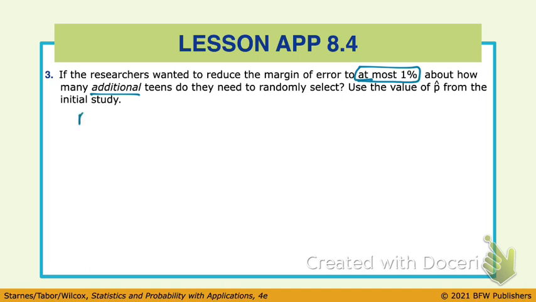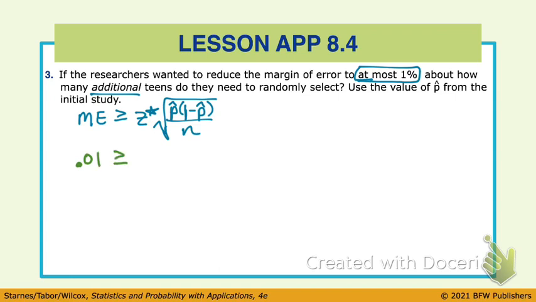So we need our margin of error to be greater than or equal to the z-star critical value times the square root of p-hat times 1 minus p-hat over the sample size, which is the standard error. All right, so let's plug and chug. We want our margin of error to be at most 1%. That is 0.01.